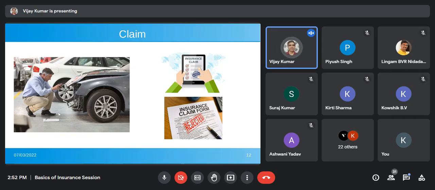You will approach the insurance company saying that I have had this much loss on my risk item which is covered under this policy, and you make me the payment. This is what is called a claim. So you are claiming back the risk coverage amount from the insurance company in case of a mishap.